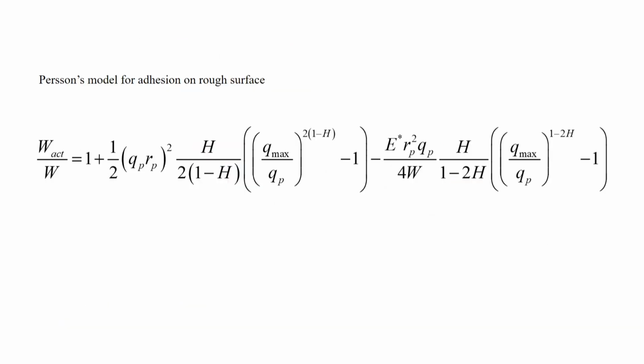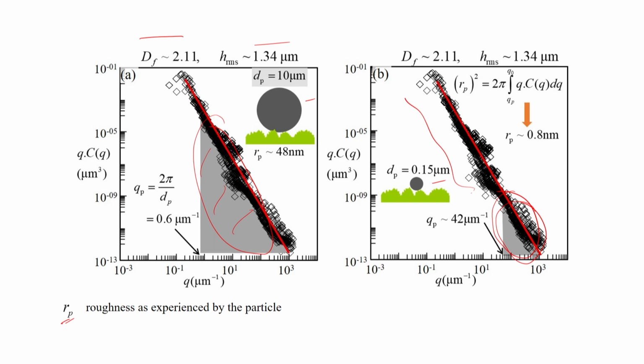Doing all that, we have different values of Rp now, Qp and all that, and when you calculate the actual work of adhesion, this Qp will also be different. This is a lower value cutoff wavelength, because Qp over here for this particle is this value, 0.6 micron inverse, and here Qp is 42 micron inverse.